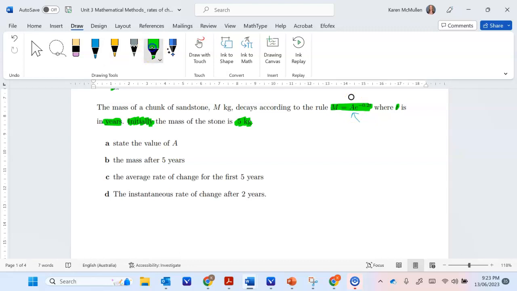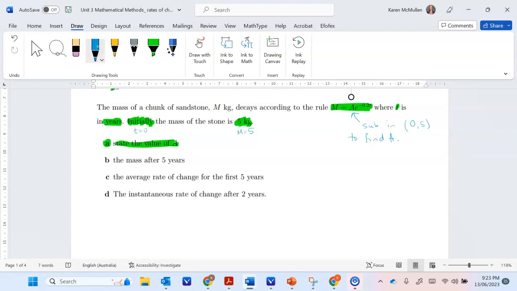So that's where this initially part comes from. So initially, which is t equals 0, the mass of the sandstone is 5 kilos. So the m is equal to 5. So that means we're going to sub in the point (0, 5) to find A. And that's what we're going to do in part A of the question. State the value of A.